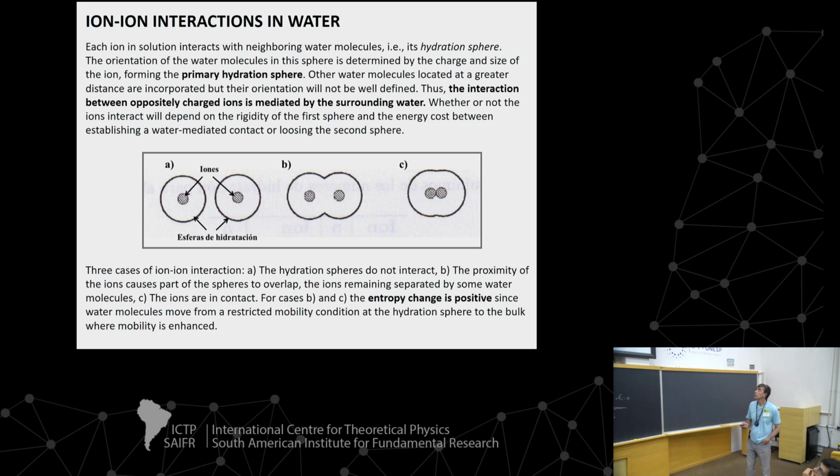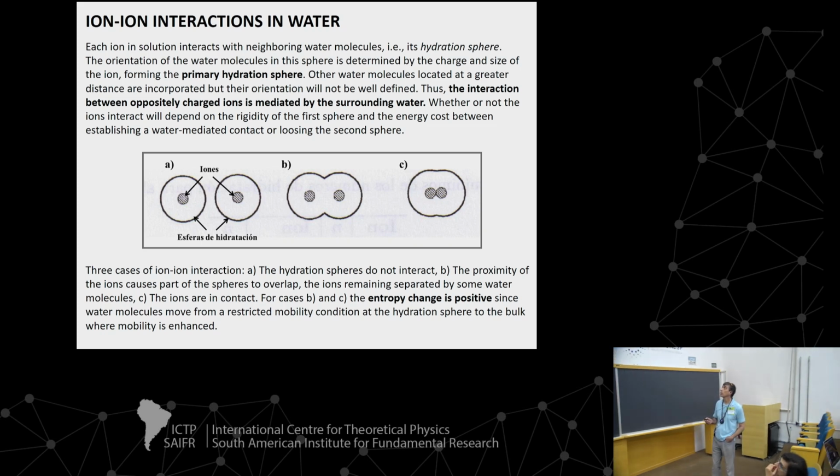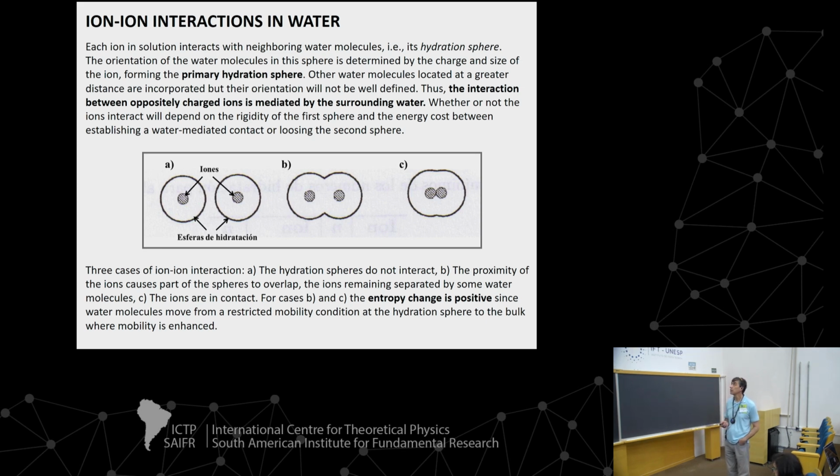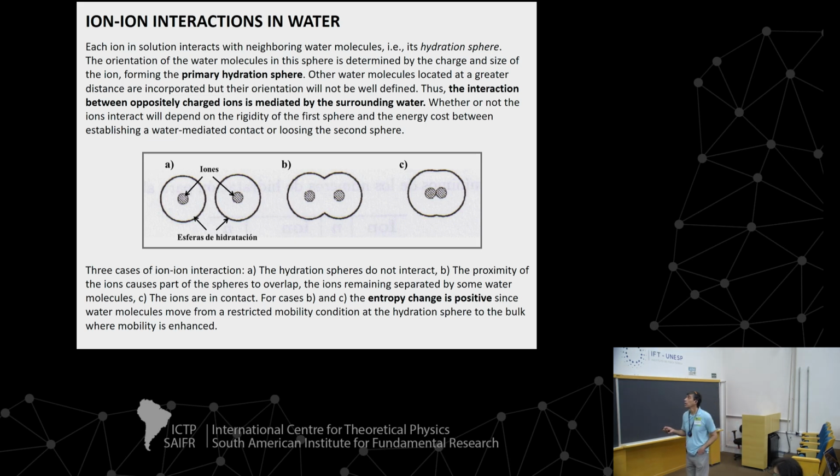In this sense, when we look for ion-ion interactions in water, we have to take into account all these effects of all these kinds of interactions, the primary hydration and the secondary hydration. In this sense, the interaction between ions of opposite charges would be mediated by the surrounding solvent, by the surrounding water.